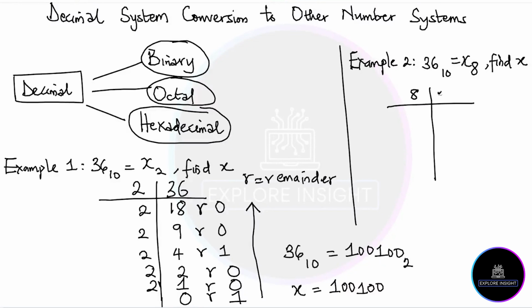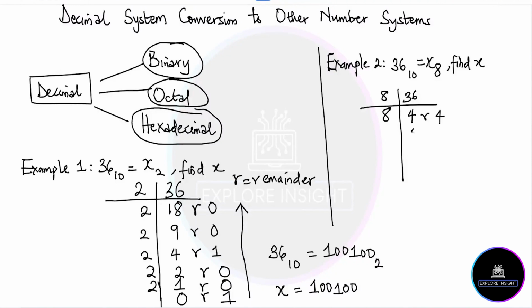So we have our 8 and 36. 8 into 36, we have 4, remainder 4. And 8 into 4 will be impossible, so we have 0 with a remainder of 4. That's 4. So with our arrow up, we are going to have 36 in base 10 to be 44 in the octal system.